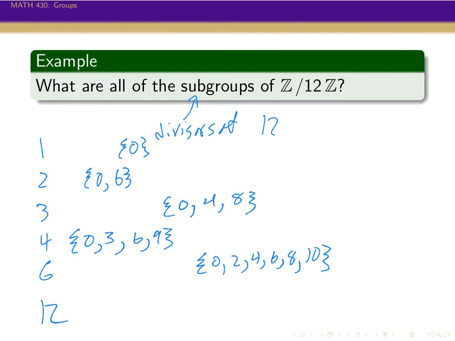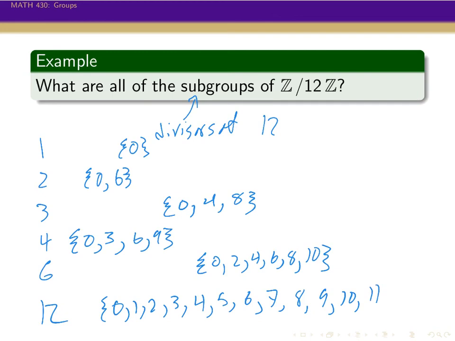And then last but not least is the whole group. 1, 2, 3, 4, 5, 6, 7, 8, 9, 10, 11, 12.